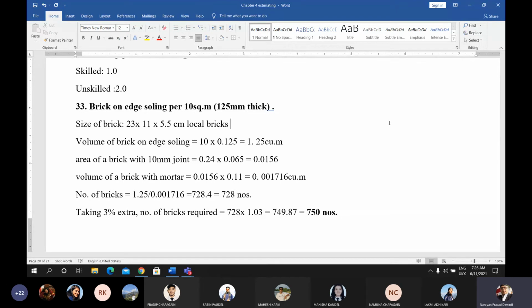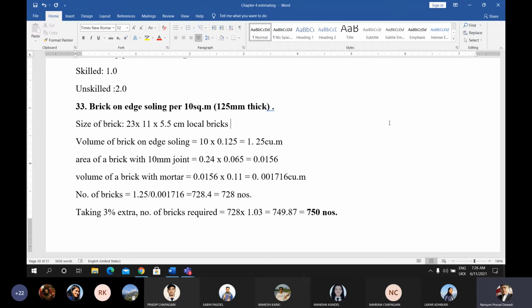For 10 square meter area, the thickness is 12.5 cm, and that's why the volume of brick on edge soling will be 10 into 0.125. Total volume of the brick on edge soling is 1.25 cubic meter. Now area of brick with 10 mm joint.